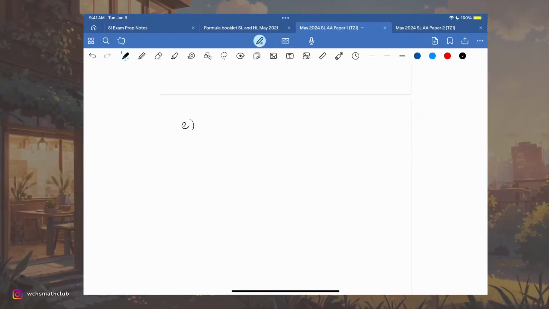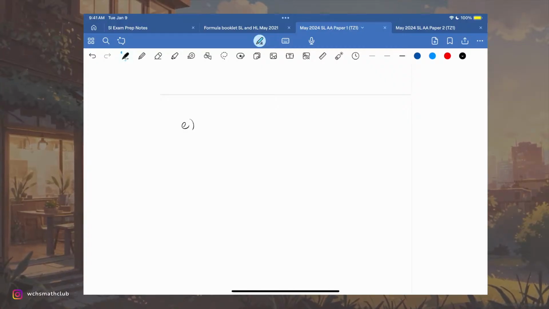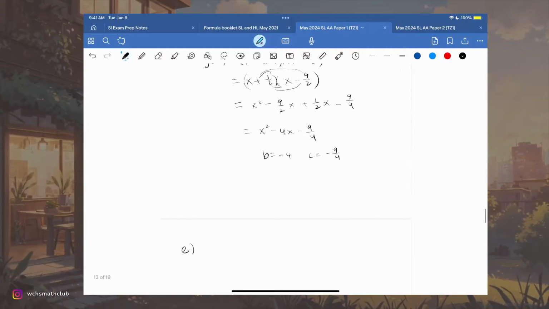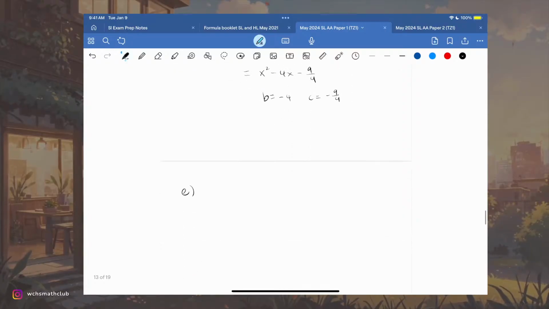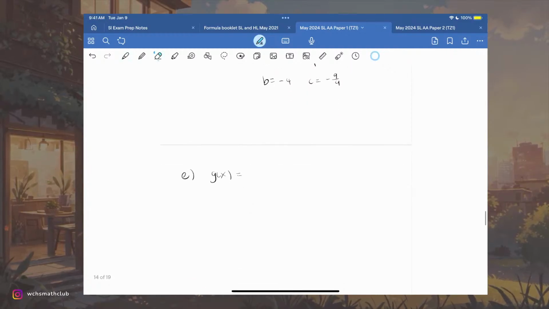Find the y-coordinate of the vertex of the graph y equals g of x. Okay, so in order to find the coordinate of the vertex, from part D, you already found the equation of g of x. So g of x equals x squared minus 4x minus 9 over 4.